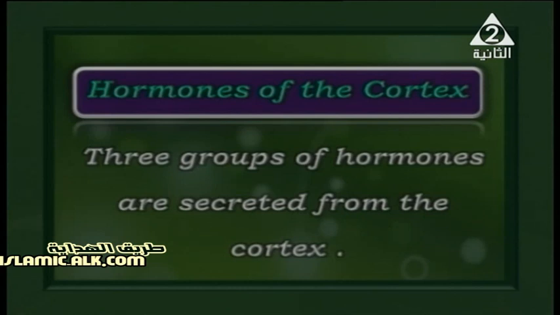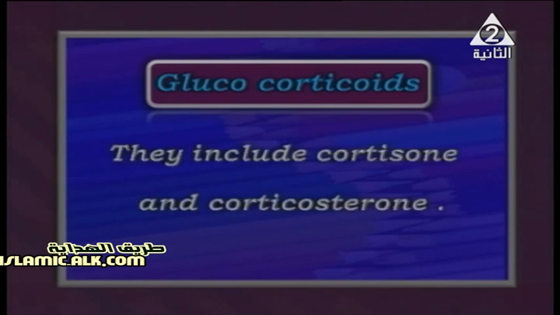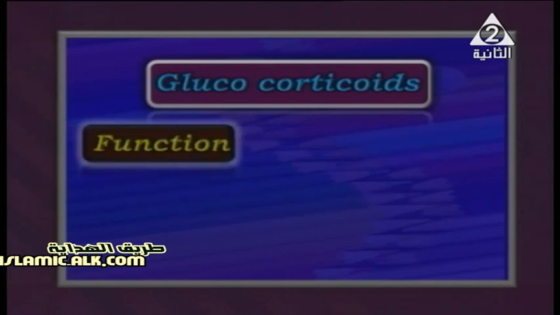The first one is the glucocorticoid hormones, which include cortisone and corticosterone. They have a specific function here: they regulate the carbohydrate or glucose metabolism in the body.